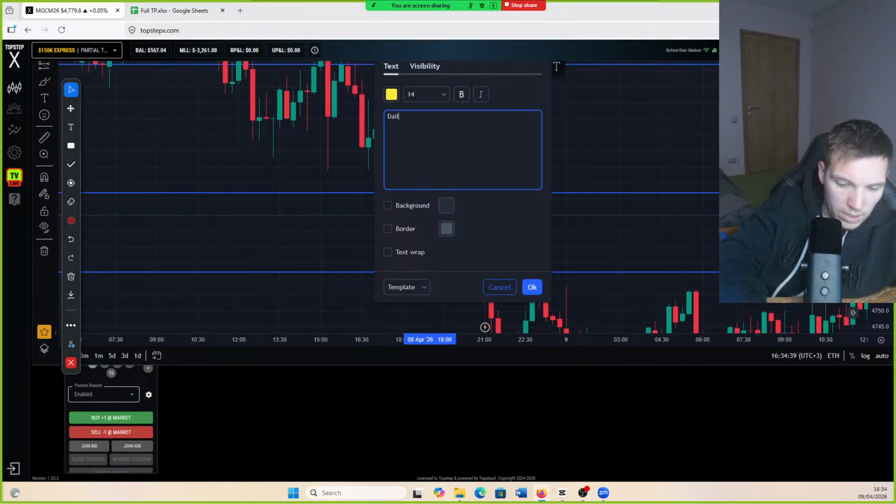So daily was bullish, so I just put down daily bullish. 4 hour closed bearish. 1 hour closed bearish below support. 30-minute closed bearish below support, and 15-minute was weak bullish, and our entry was the 4-hour low.